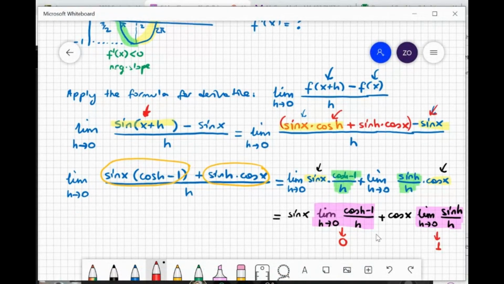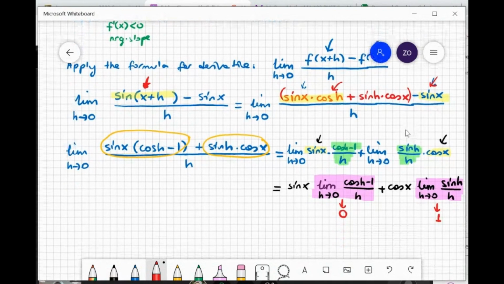Okay, so graphically we can see it. So what cancels out? Well, sine x times 0 will cancel out. So what do we end up with? Since this limit is 1, the result will just be 1 times cosine x, which is cosine x.